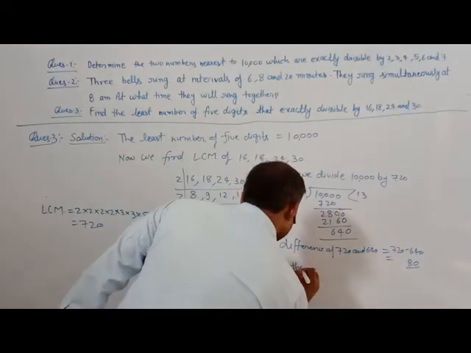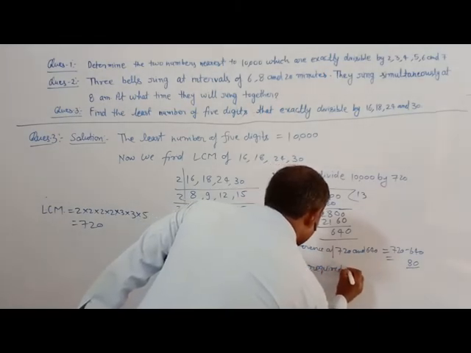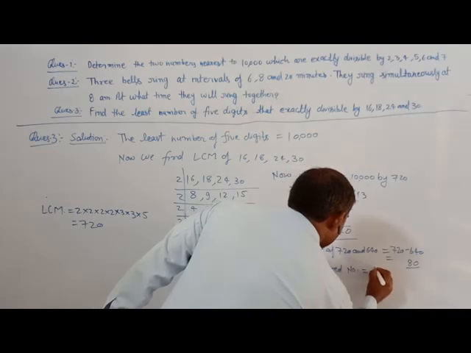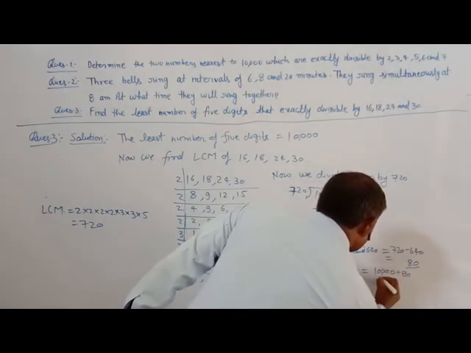So the required number is equal to 10,000 plus 80, which is 10,080.